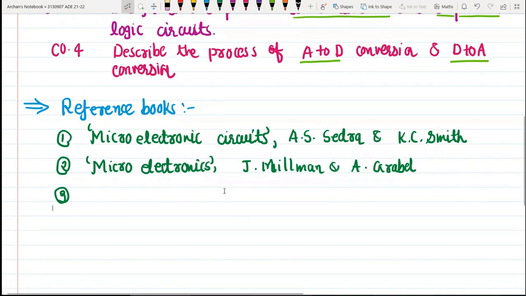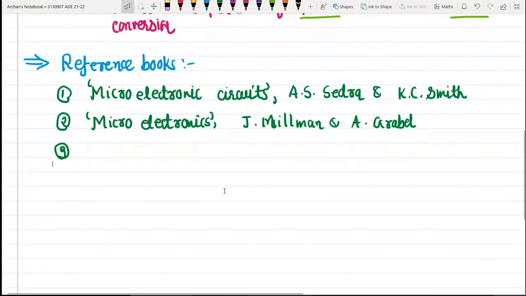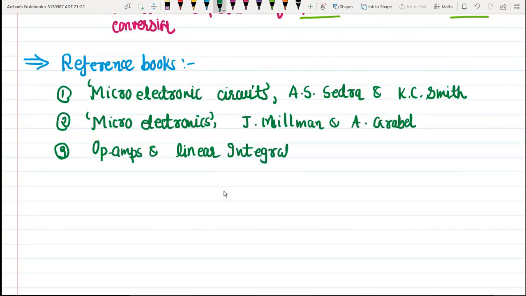Then the third book which I refer to you for analog circuits is Op-Amps and Linear Integrated Circuits. Okay, this book is written by Ramakant A. Gayakwad, R. A. Gayakwad, a very famous book for analog electronics.